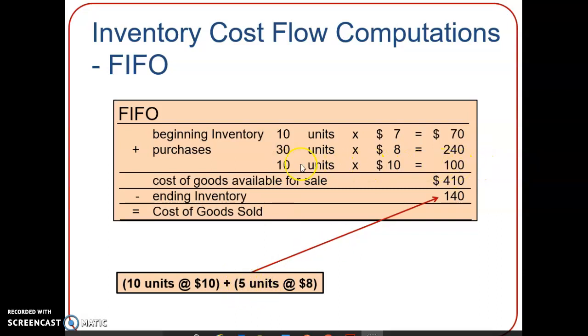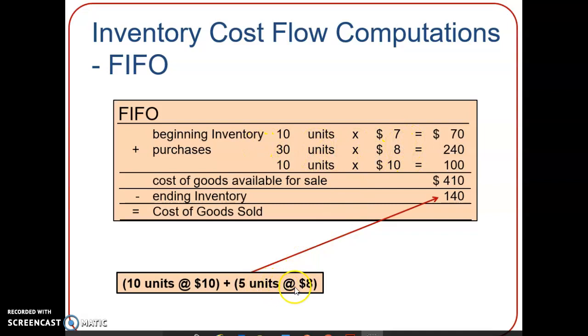Remember, we have used the most recent purchase. So we have to go to the second most recent. That is this layer. We're looking for 5 units, and this layer has 30 units, so that's enough. And the unit price for this layer is $8.